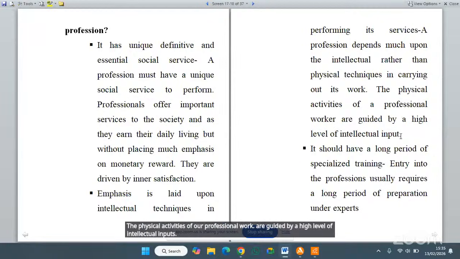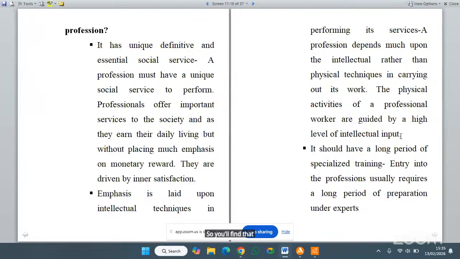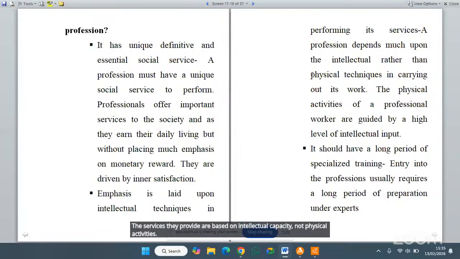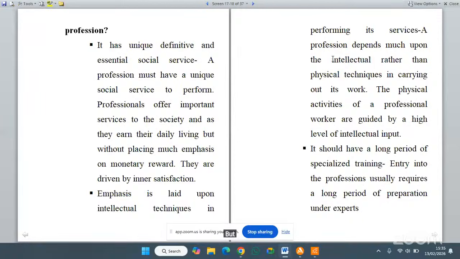So you find that professionals are guided by their intellect. The services they provide are based on intellectual capacity, not physical activities.